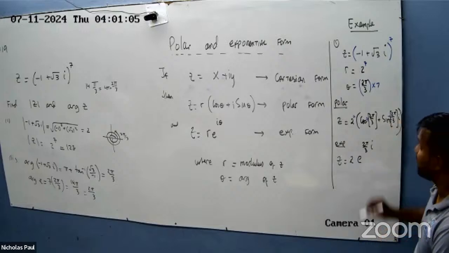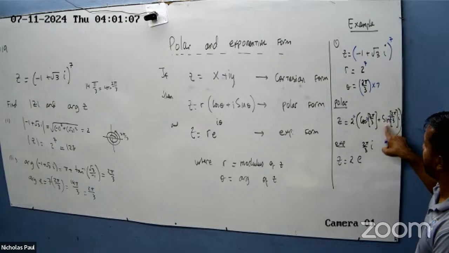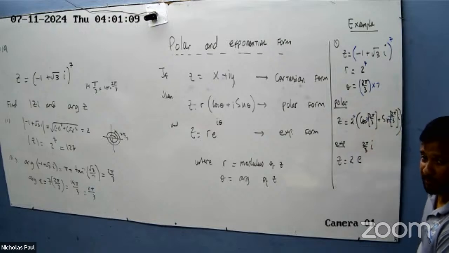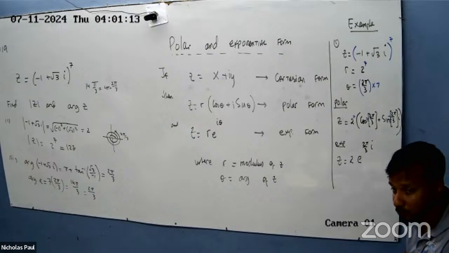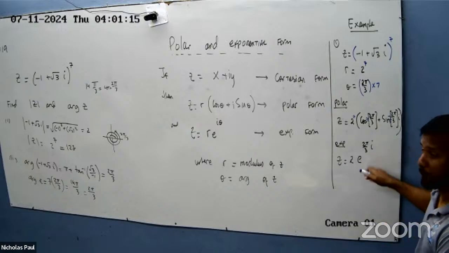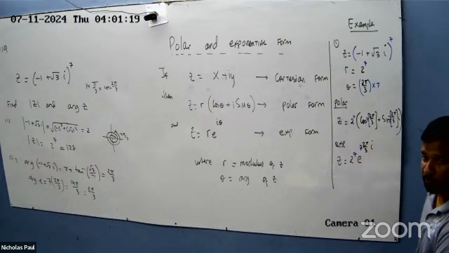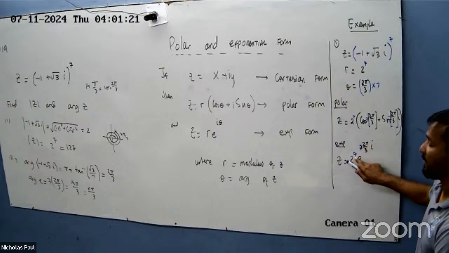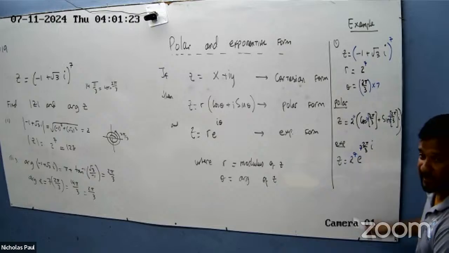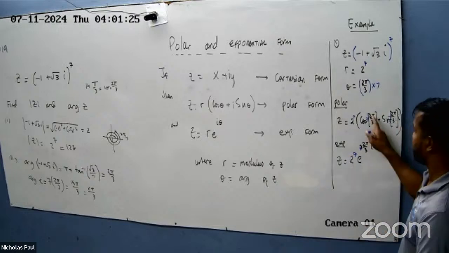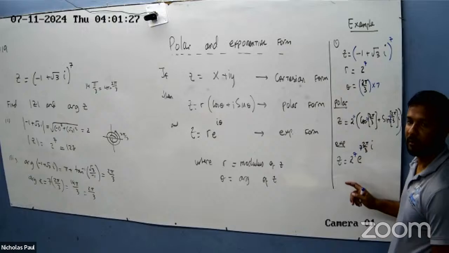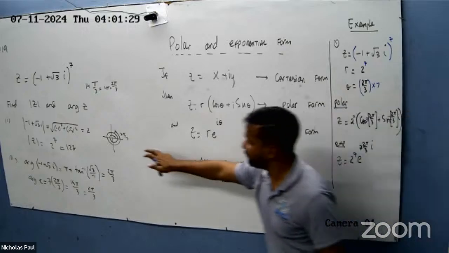Just take this 7 and put it here and here, and raise the modulus to the 7. And in the exponential form, you're putting 7 here. 2 to the 7 is the modulus, 7 times this is the argument. But of course, you have to simplify it like this.